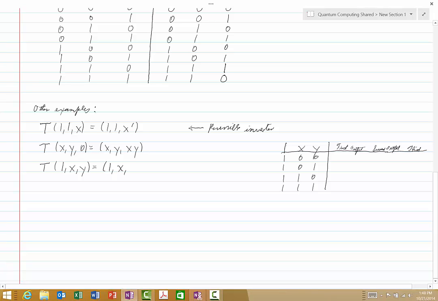The third output is the one that will be of real interest, because we know that the first output will always be 1, since the first input is 1, and the second output will be 0, 0, 1, 1. And then what about that third output? Well, for the first two cases, it will just be equal to Y, so we have 0, 1. But in the last two cases, since the first input and the X input are both equal to 1, then the third input is going to get inverted. So this 0 will become a 1, and the 1 here will become a 0.